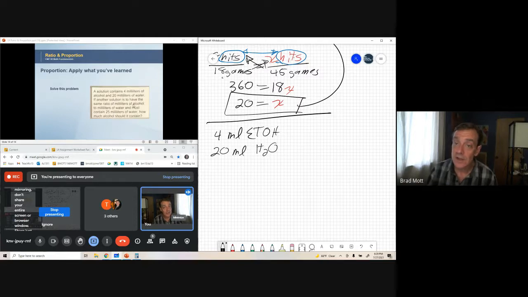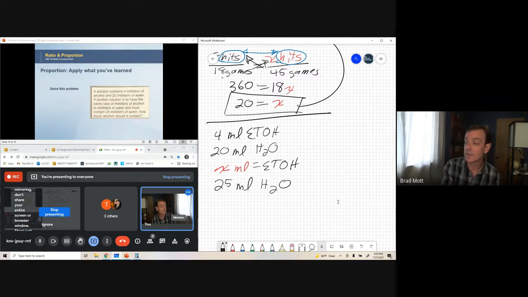If another solution is going to have the same ratio of milliliters of alcohol to milliliters of water and must contain 25 milliliters of water, how much alcohol should it contain? So our mystery is going to be milliliters of alcohol, ethanol. And we know that the second solution has 25 milliliters of H2O, as stated.